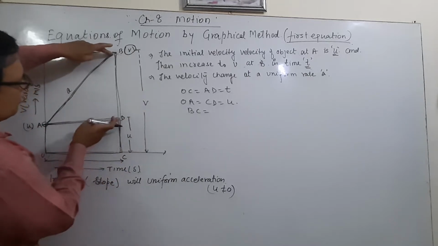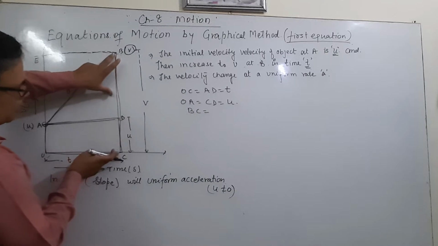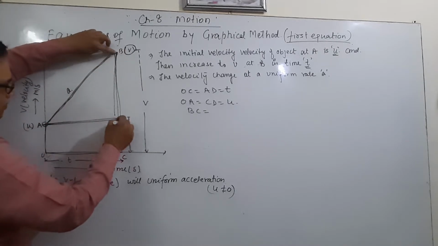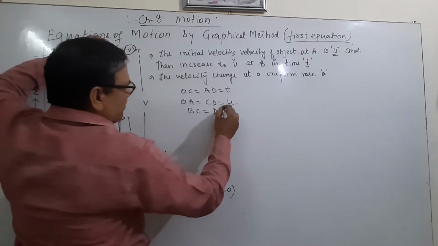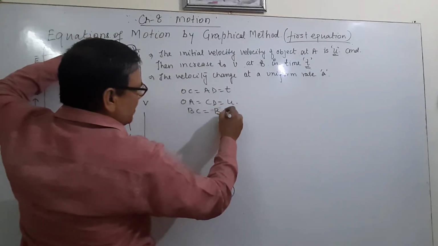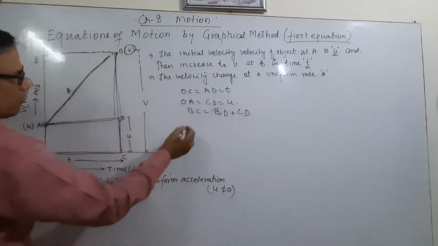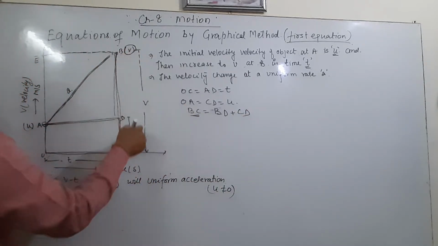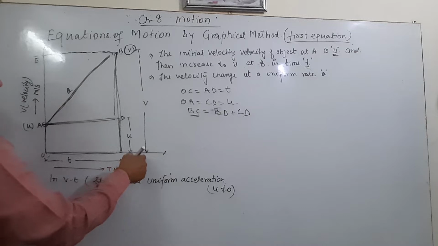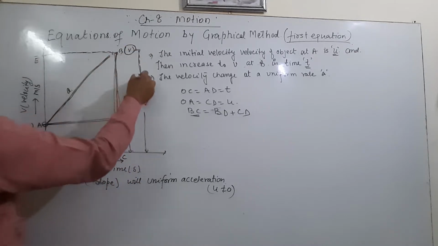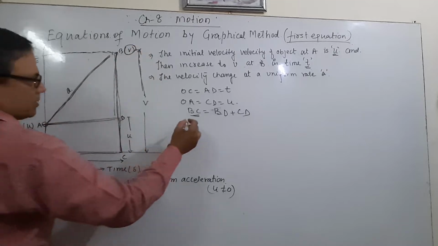BC is equal to BD plus CD. What is the value of BC? BC is v, the final velocity.